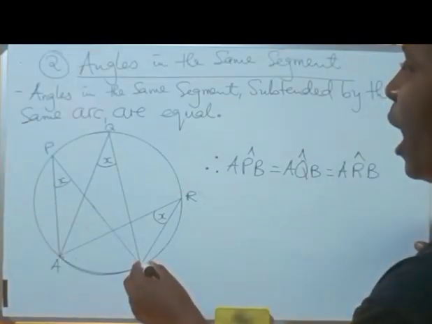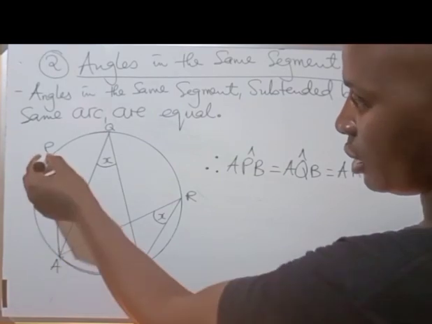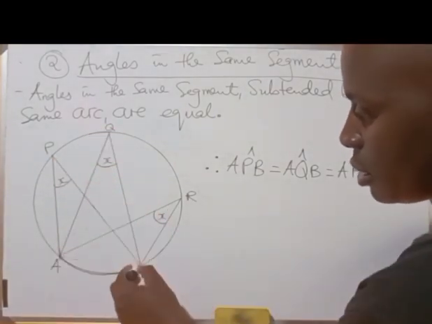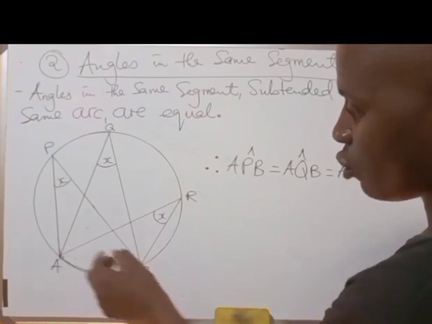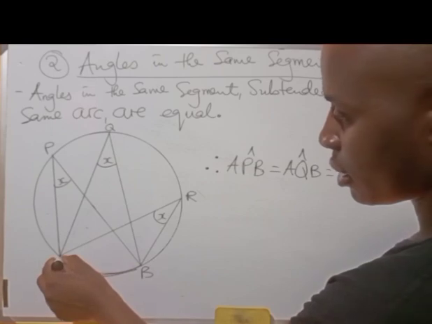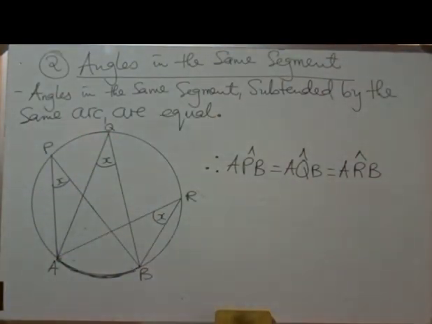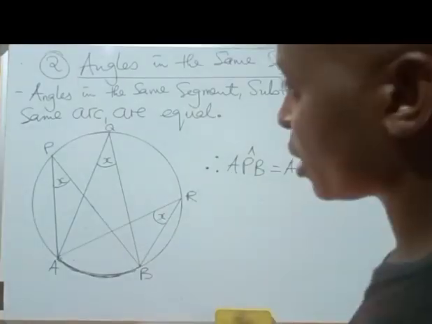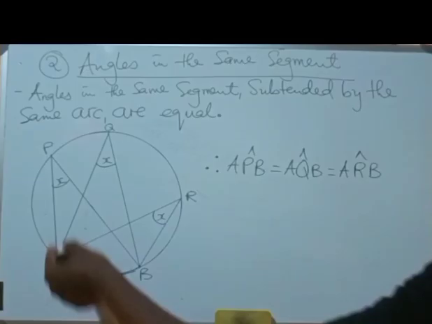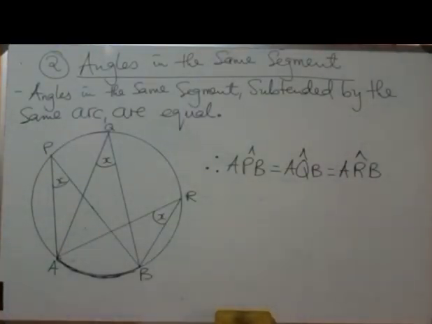So we have this angle there, same segment, from A to B. Then they are on the same arc. So such angles are equal because they are in the same segment, subtended by the same arc. They are all going to the circumference.